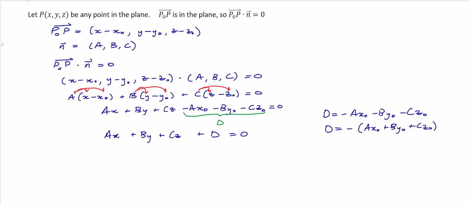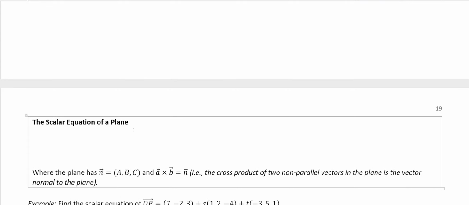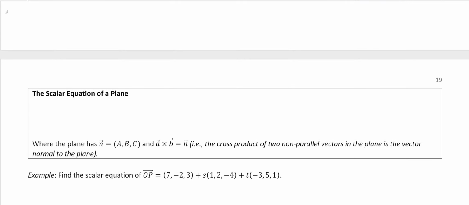Okay, continuing on. We can now write the general definition of the scalar equation of the plane, given as follows: ax plus by plus cz plus d is equal to 0. And you'll note that a, b, and c are components of the normal vector.